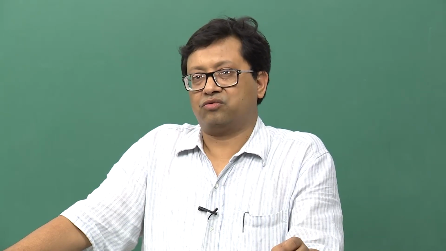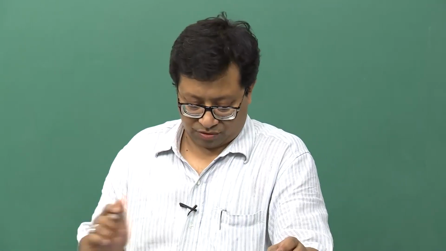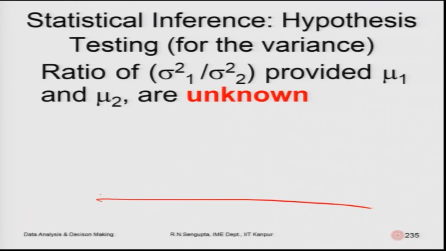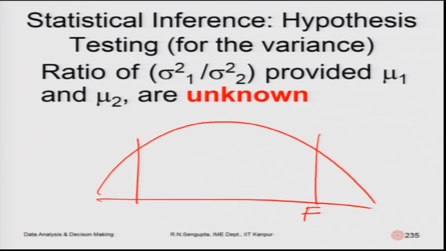If that is true, then obviously we will reject H naught. Finally, if it is the not equal to type, which I have already drawn, this is the two sided f. I will highlight these areas.